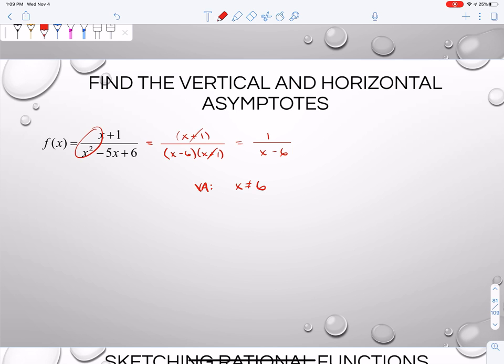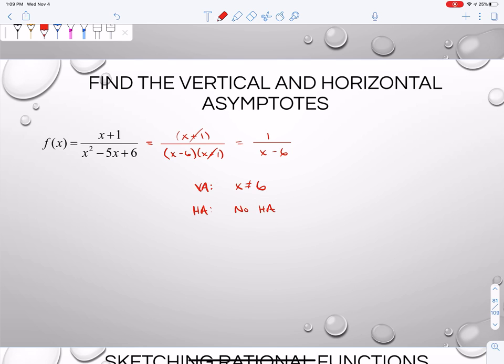The degree of my numerator is less than the degree of my denominator. So what I normally would do at this point, because you haven't seen slant or horizontal asymptotes, I would say there is no horizontal asymptote. But we're going to circle back around and find that slant asymptote in a minute.